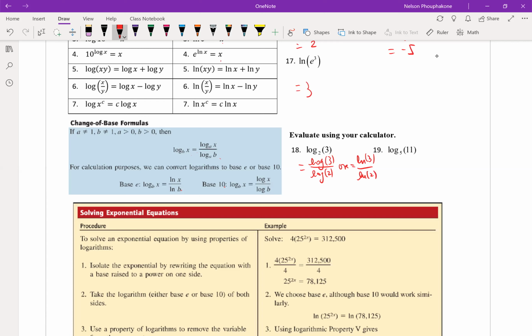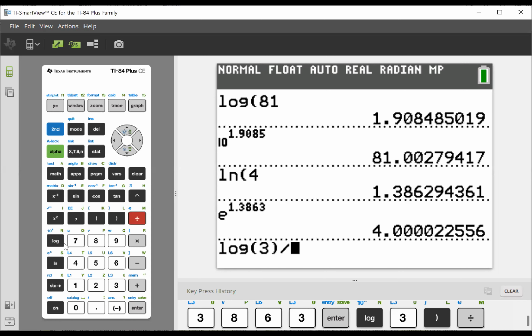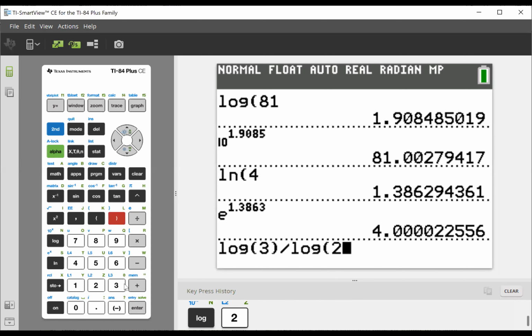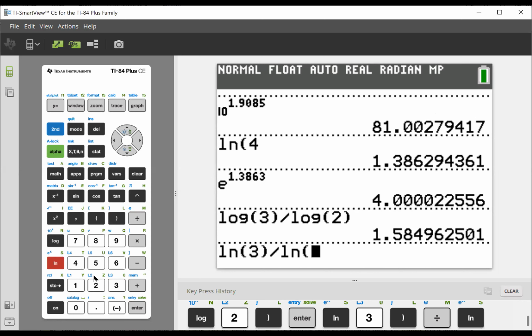Okay, so let's look back at the calculator to see if this is the case. So I have log of 3 over log of 2, and then natural log of 3 divided by natural log of 2.